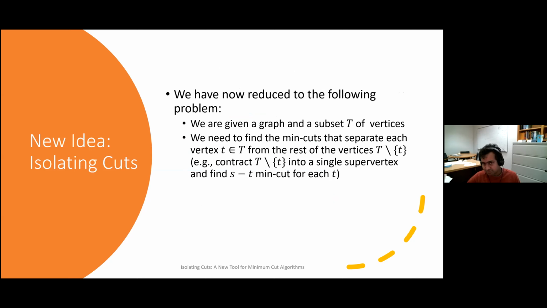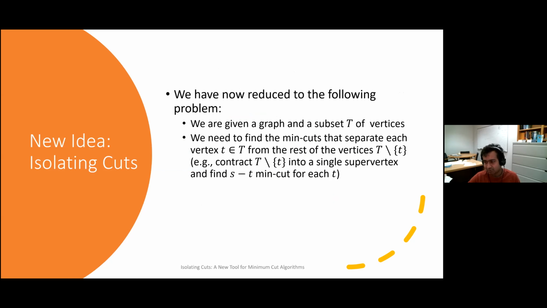So we have essentially now reduced our global min cut problem to the following one. We are given a graph and a subset of vertices. This subset is the sampled vertices. And we need to find the minimum cut that separates each vertex in T from the rest of the vertices.